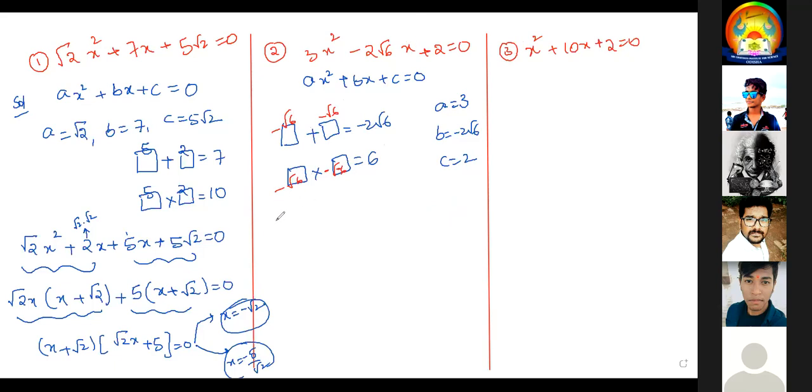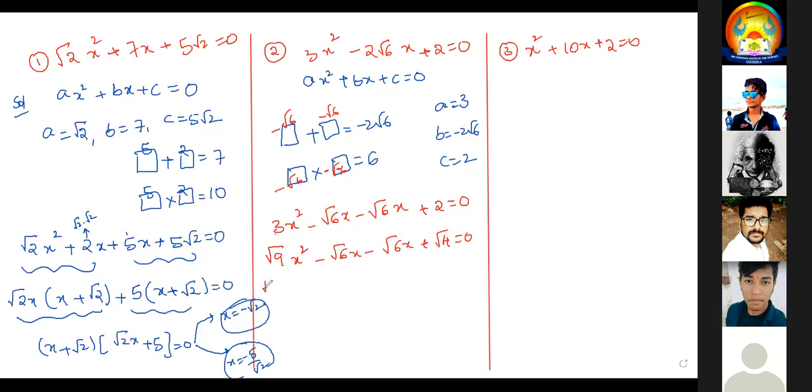Now it can be written as 3x square minus root 6x minus root 6x plus 2 equal to 0. Now look, I am writing a simplification. This can be written as root 9 x square, this is root 6 x minus root 6 x, this is root 4 equal to 0.